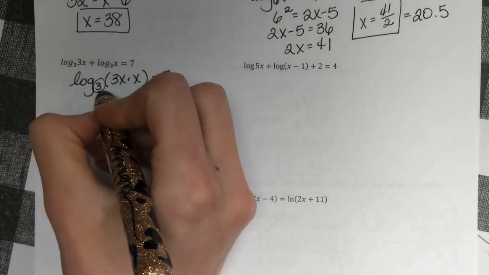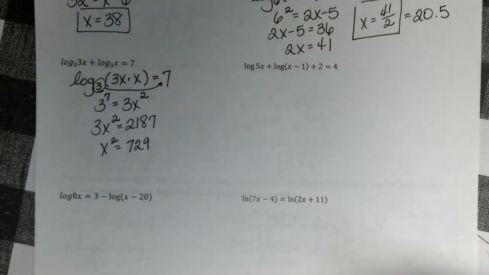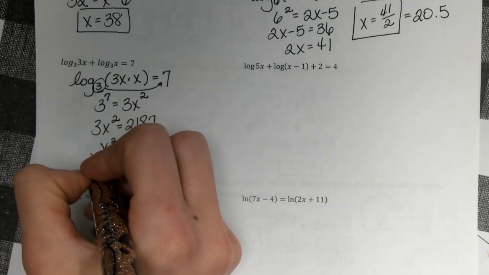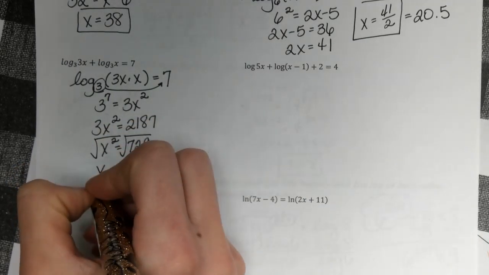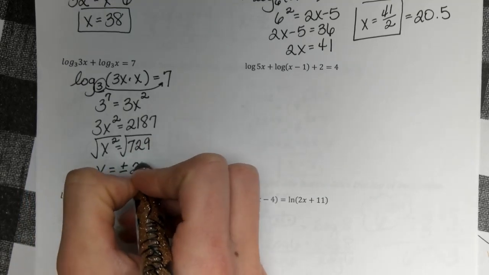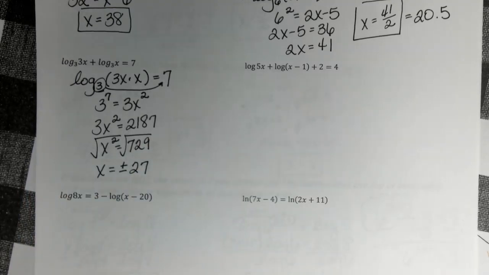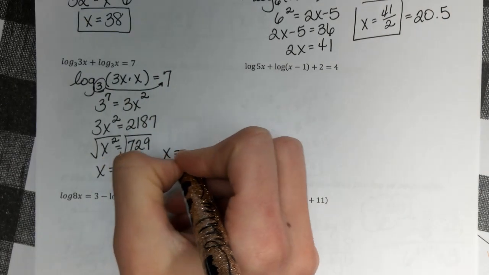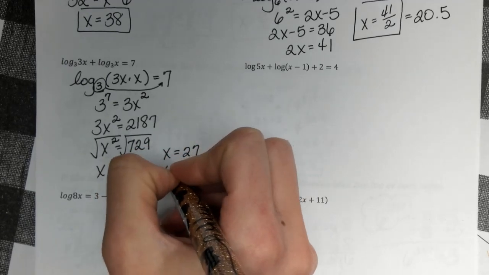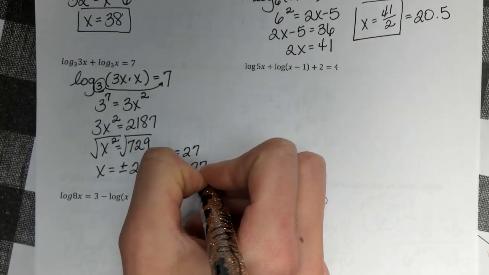Log base solution equals exponent. I rewrote it in exponential form. So then square root 729: x equals plus or minus 27. Anytime you take the square root, you have a plus or minus, but you have to consider those as separate answers. x equals positive 27, x equals negative 27.